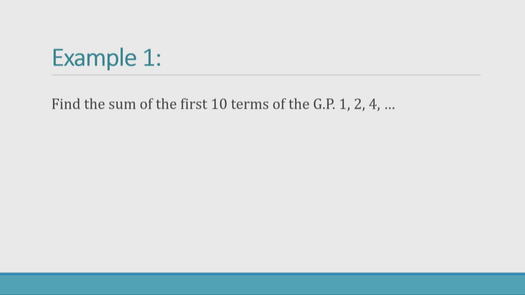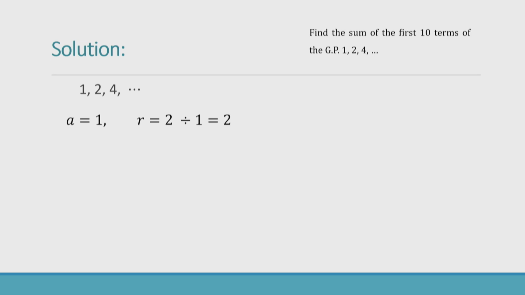Let us have a look at the first example. Find the sum of the first 10 terms of the GP 1, 2, 4, and so on. So the GP is 1, 2, 4. What will be the value of A and the value of R? So A will be 1 and R will be 2.